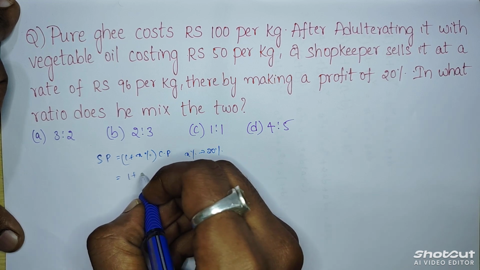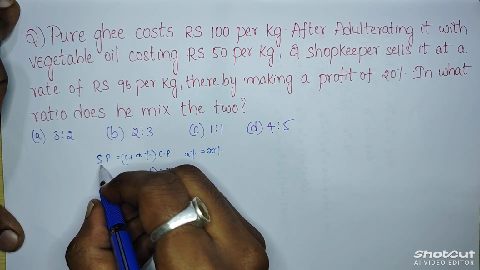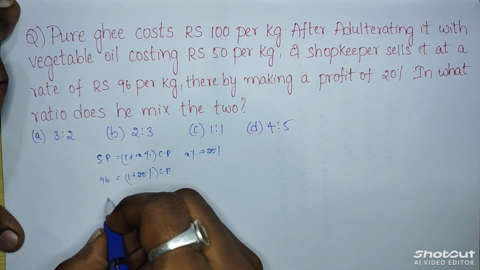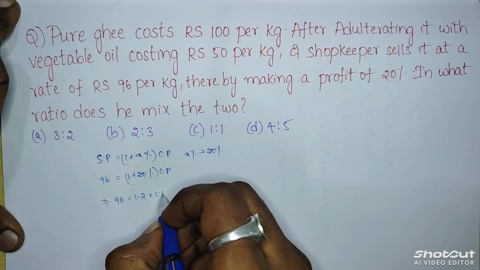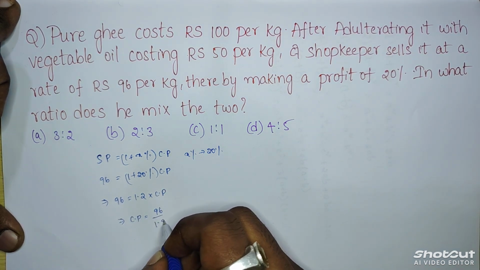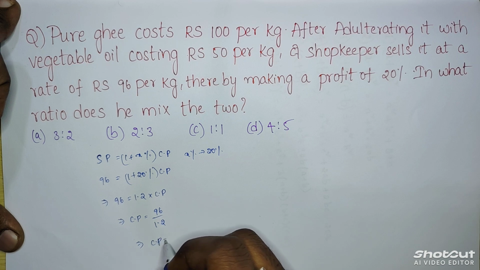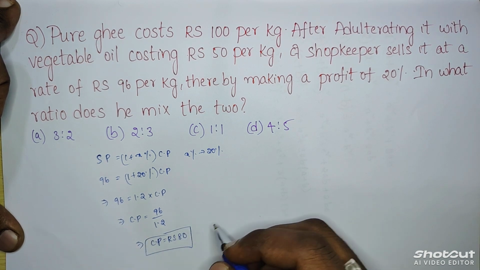So 1 plus 20% of cost price. Selling price we know is 96 rupees. From this we get 96 is equal to 1.2 times cost price. Finally we get cost price is equal to 96 by 1.2, which becomes 80 rupees. So 80 rupees is the cost price.